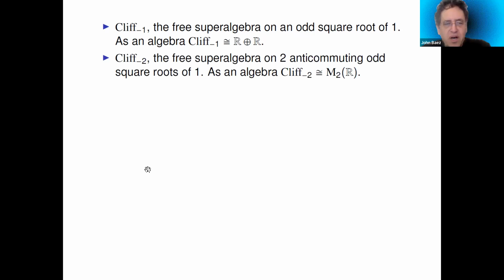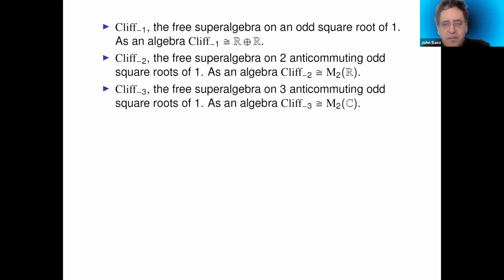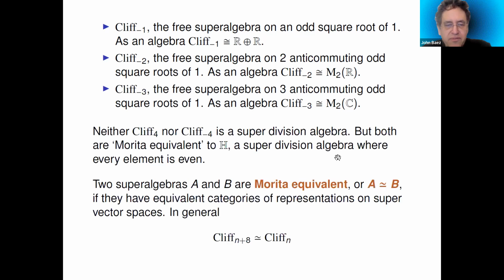So we can throw in one of them or two of them or three of them. And we get these algebras, R plus R, M2R, and M2C, made into super algebras in certain specific ways. And then when you get to Cliff -4, you run out of steam in a certain sense.